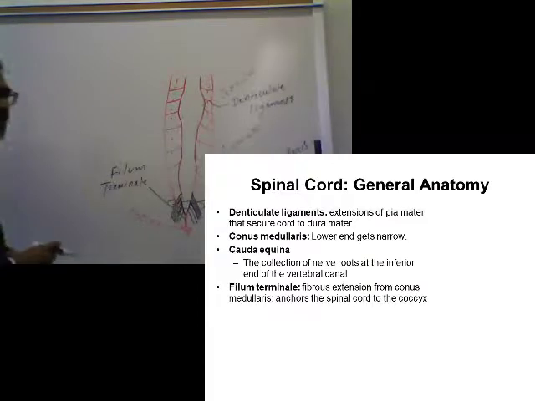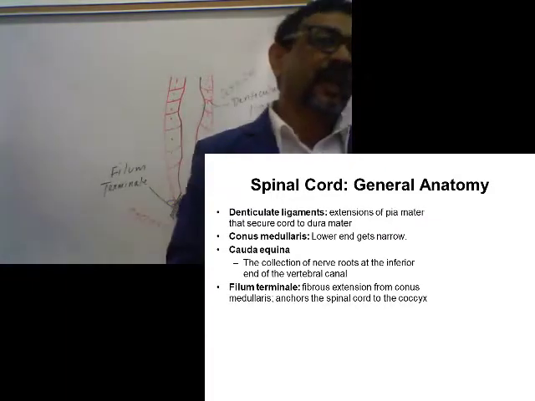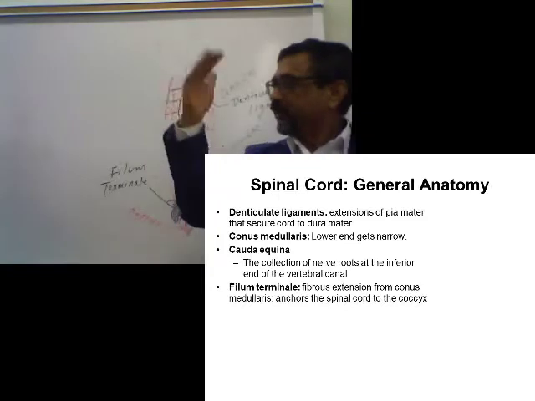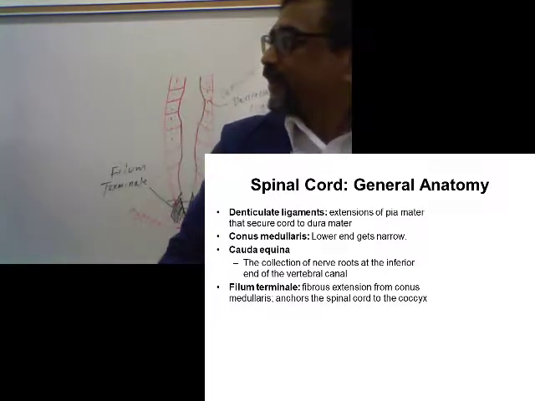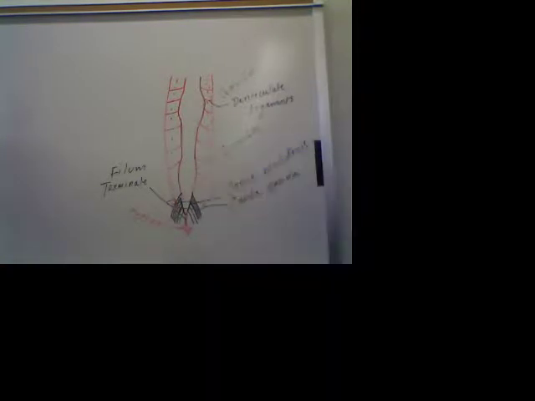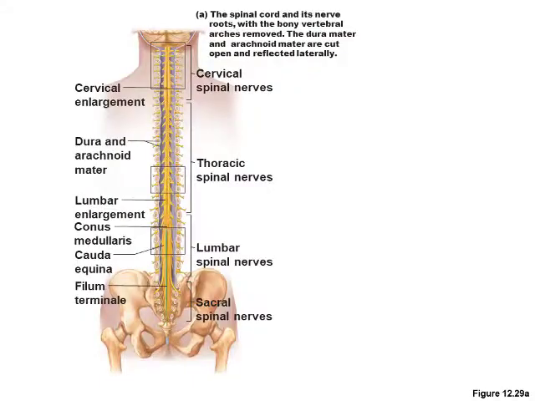Okay, that thin cord also helps to hold the spinal cord in the right location and prevents movement. So you see, these are some structures you can see from outside, the external anatomy.